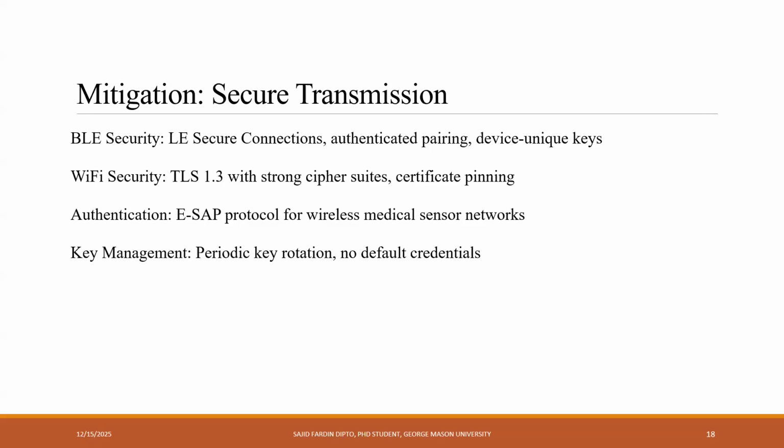This means that both the sensor and the receiving device verify each other's identity before exchanging any data. Also, hospitals can use device-unique keys rather than shared keys and implement periodic key rotation for secure transmission. And for Wi-Fi security, they can use TLS 1.3, and we can also implement certificate pinning to prevent man-in-the-middle attacks.